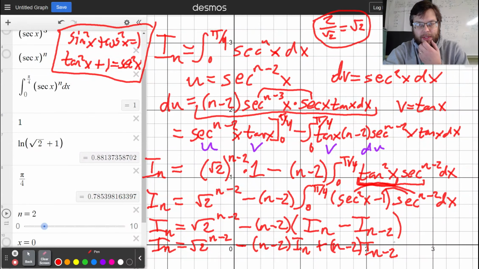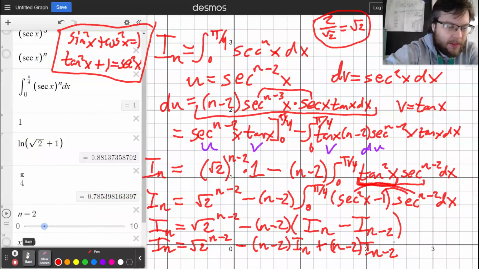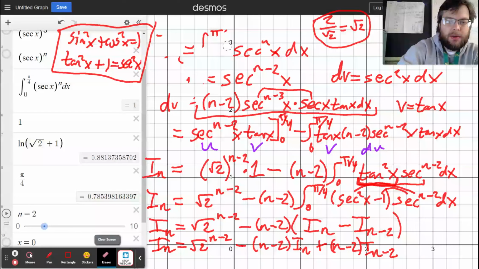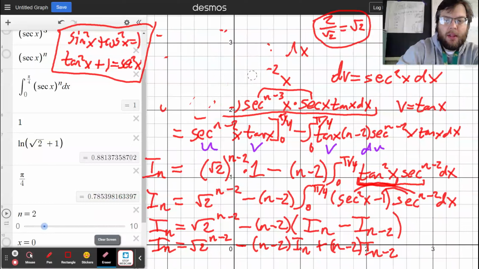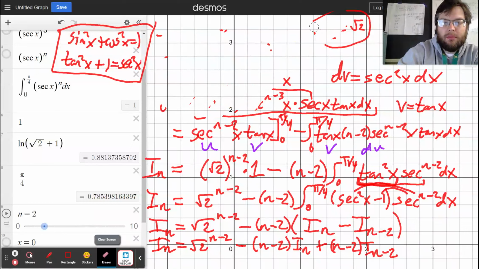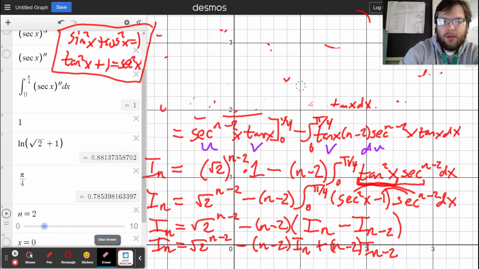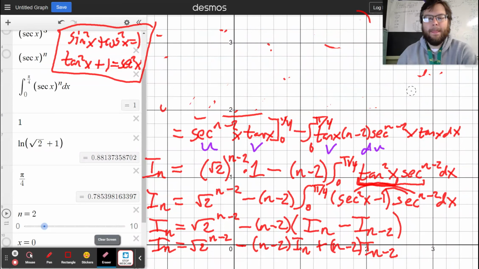So I'm going to create just a little bit of space up near the top to write my final integral reduction formula. And then I'll show you how you can get, recursively, any power of secant without doing any more calculus, which is kind of nice. Okay, almost done.